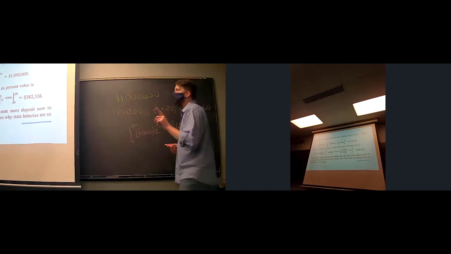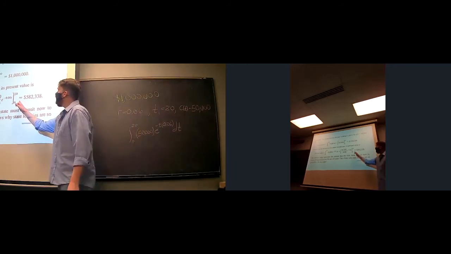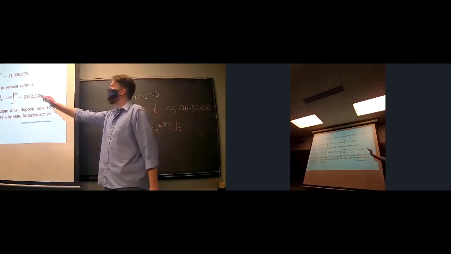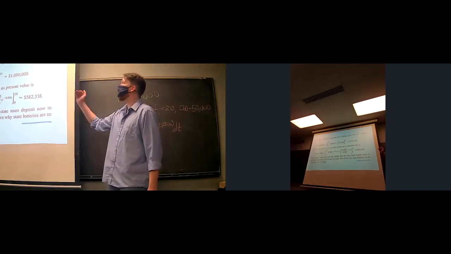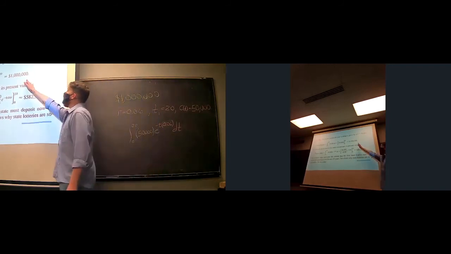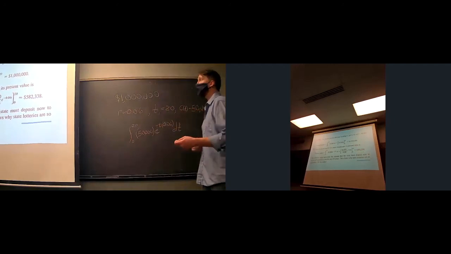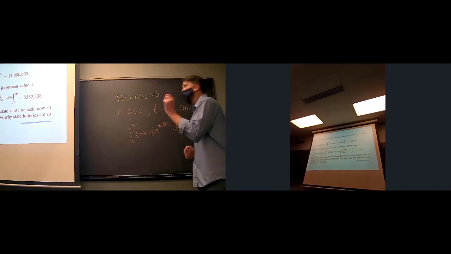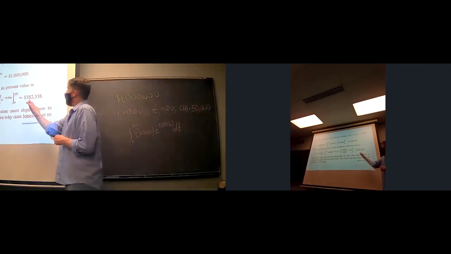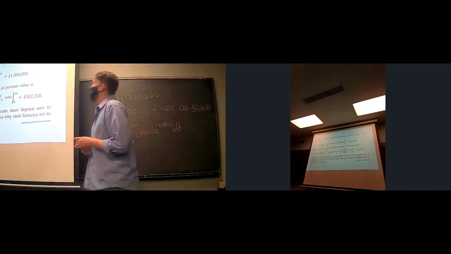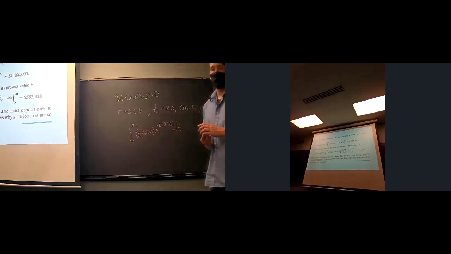But when we calculate this out, what we find is that the present value, if we were to compare that $1 million that we just won to its value 20 years from now, assuming an inflation rate of 6%, in today's dollars, it would be worth $582,338.